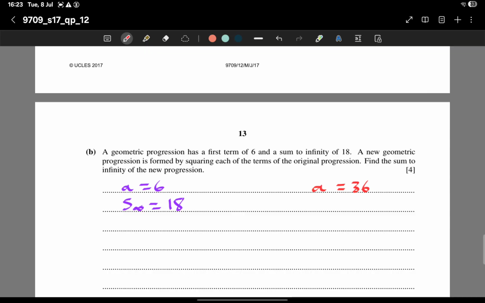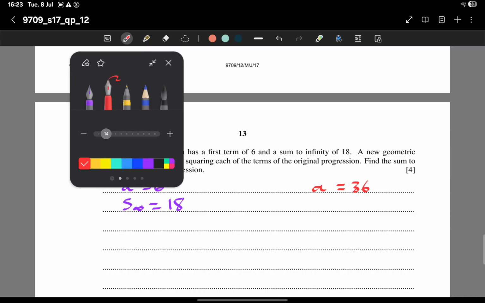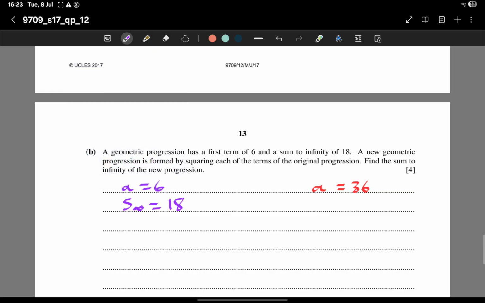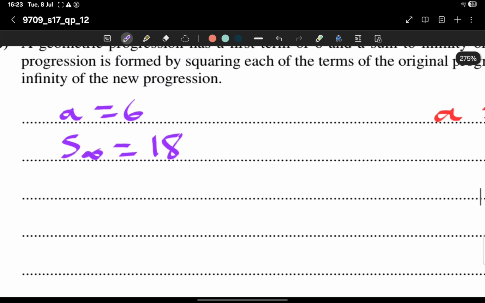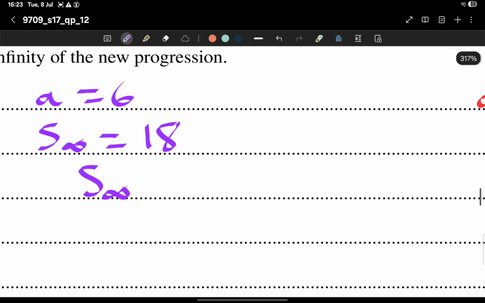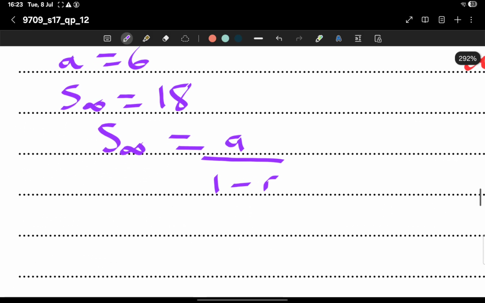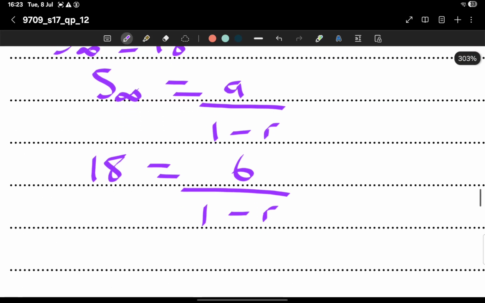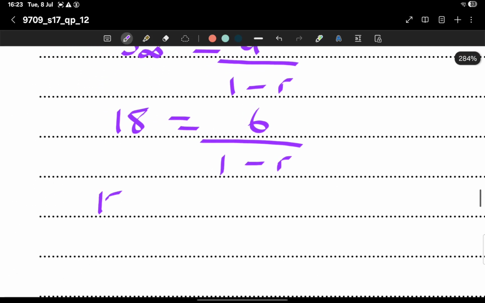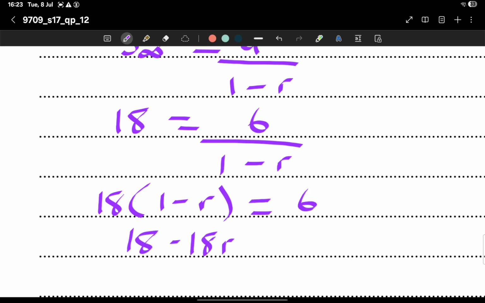So firstly, we're going to get the common ratio of the first progression. And we know the formula for sum to infinity is a over 1 minus r. We're told that the sum to infinity is 18 and our a is 6, over 1 minus r. So we cross multiply, we get 18 times 1 minus r is equal to 6. So 18 minus 18r is equal to 6.